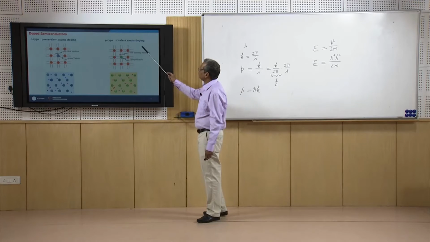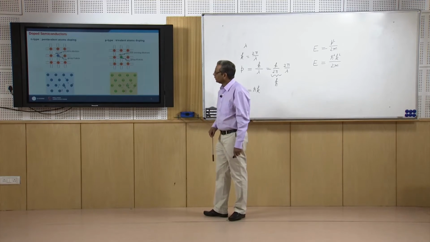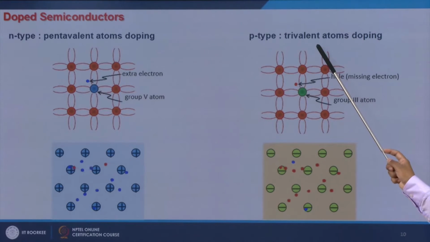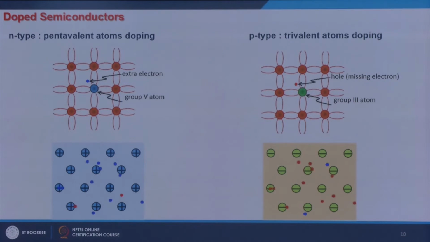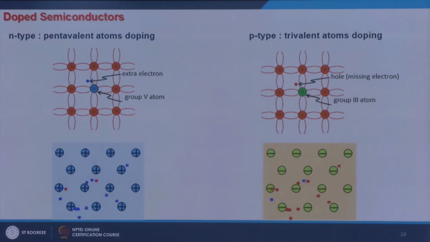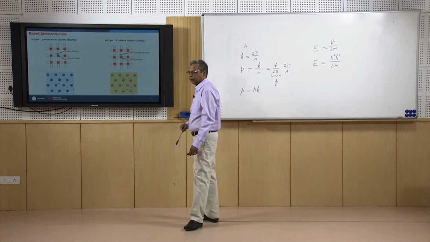If you dope it with trivalent atoms, then 3 valence electrons of these atoms make bond with 3 electrons of the semiconductor and 1 vacancy is left. The 4th one does not get bonded, so a vacancy is left.